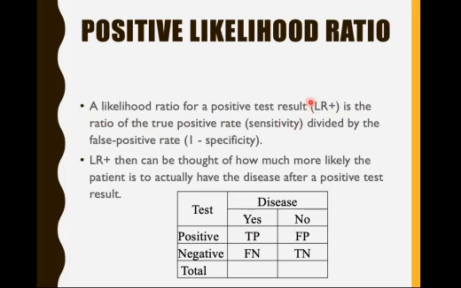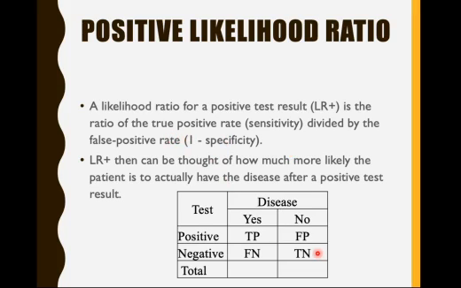We also call it LR positive. It is the ratio of the true positive rate, sensitivity, divided by the false positive rate. And the false positive rate, as we said, is the complement of the specificity, 1 minus specificity, or if you multiply this one by 100, so 100 minus specificity.